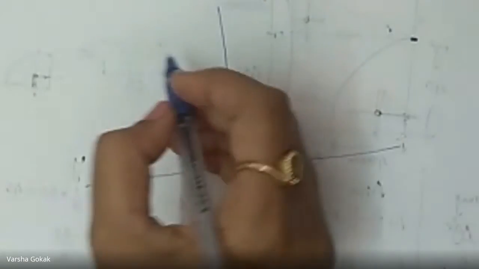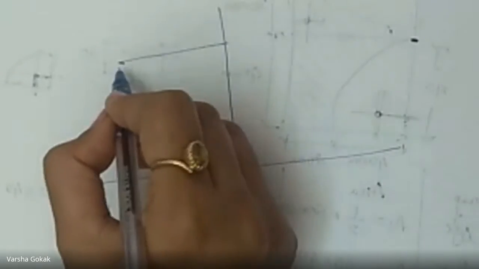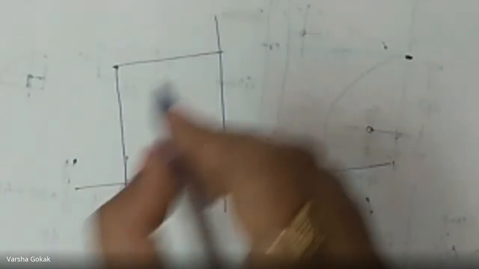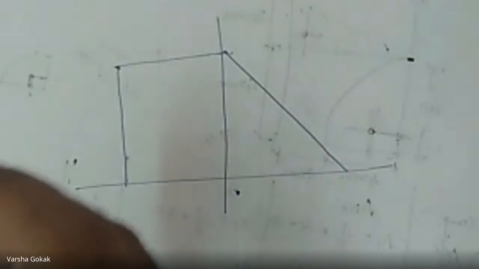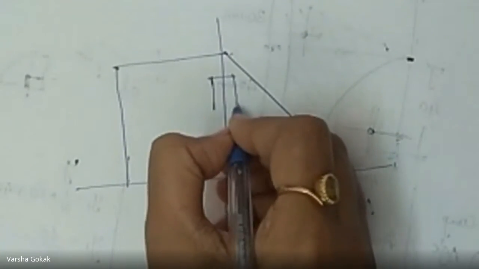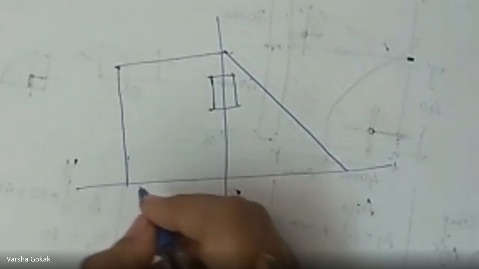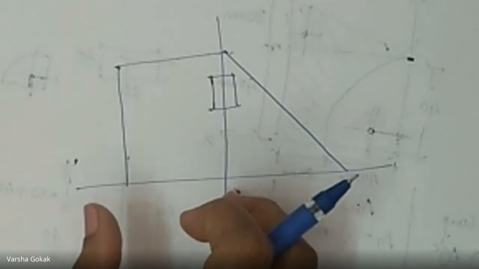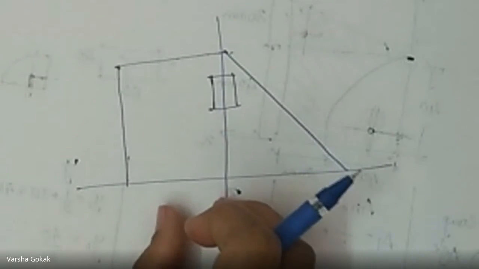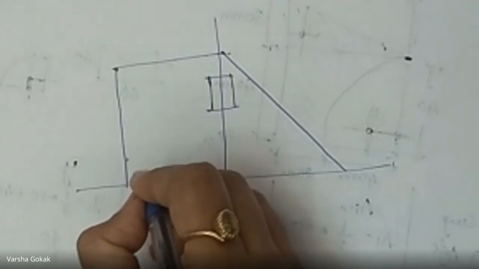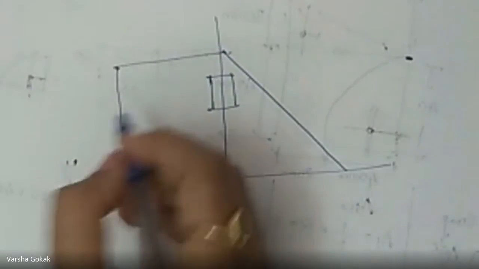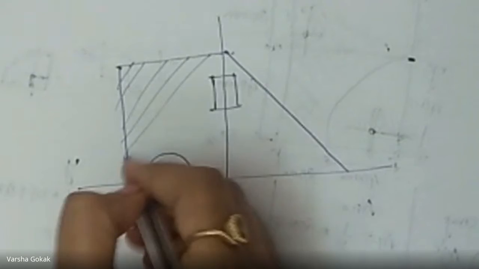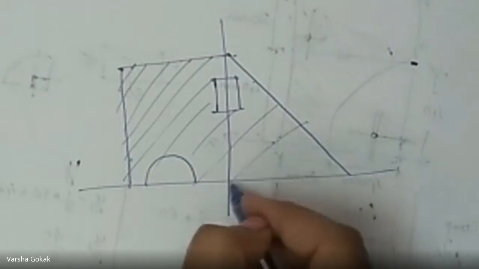The diagram goes like this, and 60, 40 goes here. Okay. So this is the shaded area.